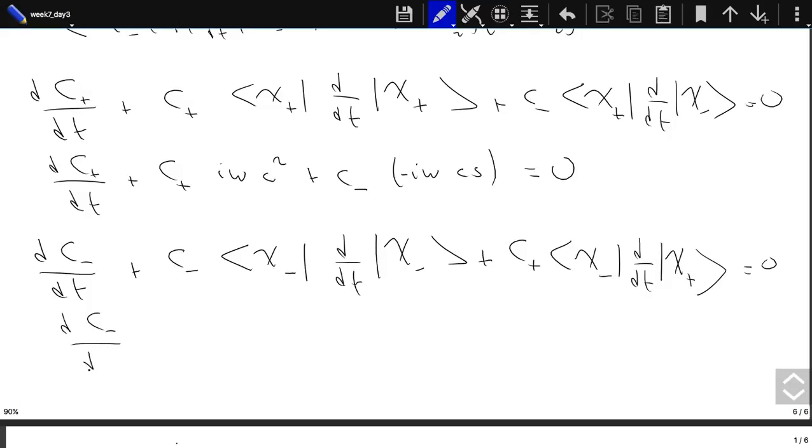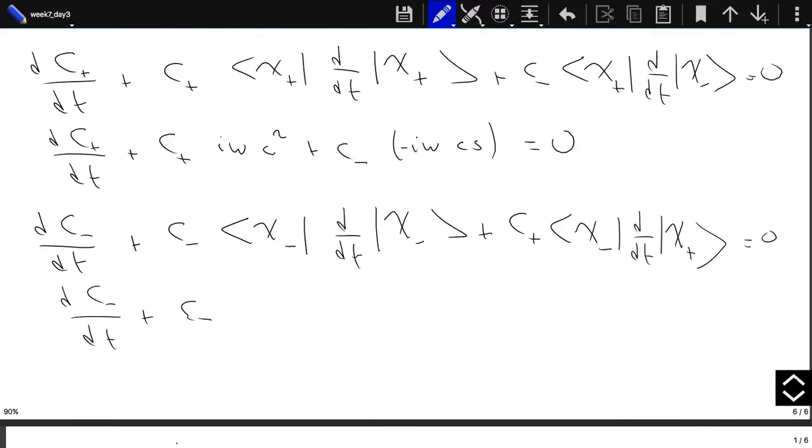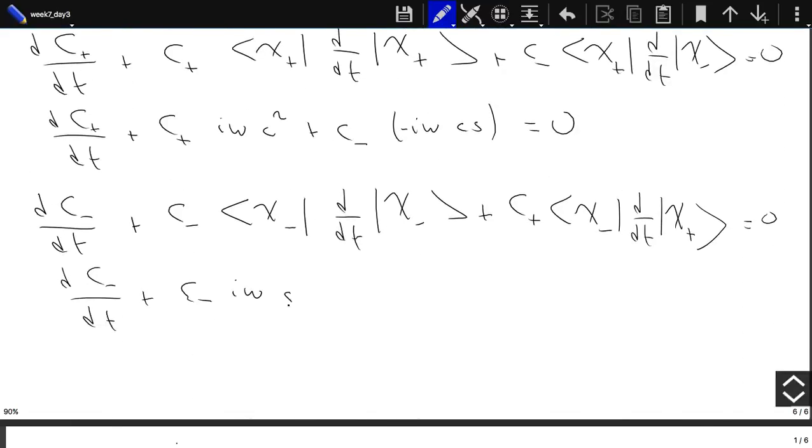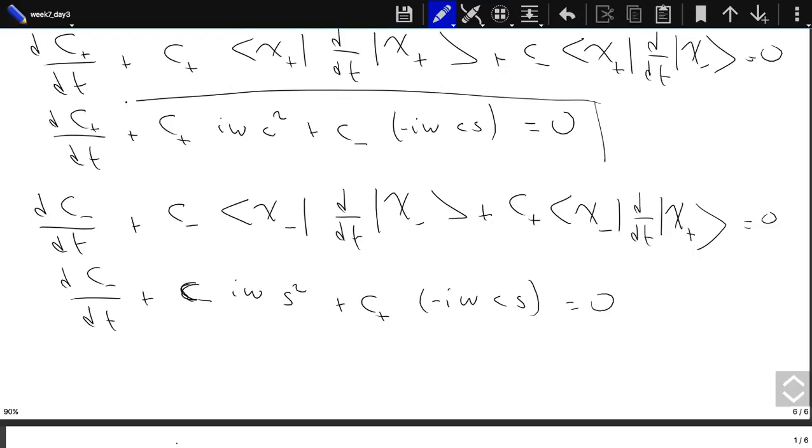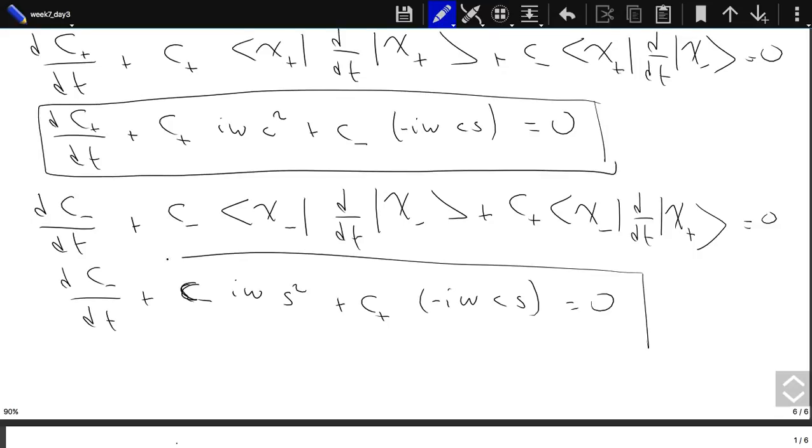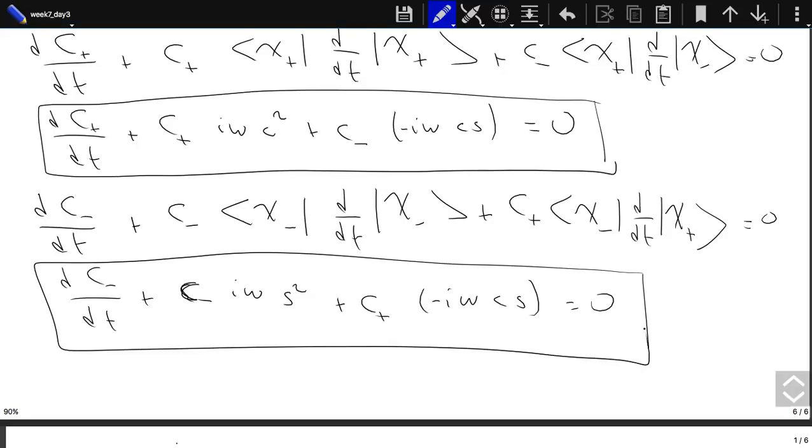So we have dC minus by dt plus C minus times the minus-minus matrix element, which is I omega S squared, plus C plus times the minus-plus matrix element, which is minus I omega CS. This is equal to 0. So this is one equation we have, and this is the other equation we have.